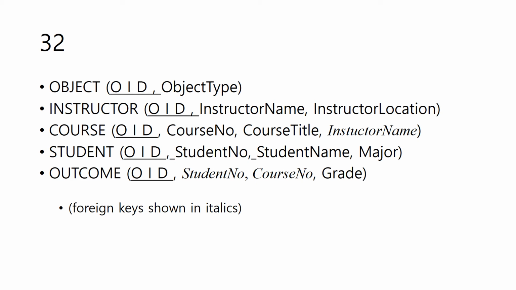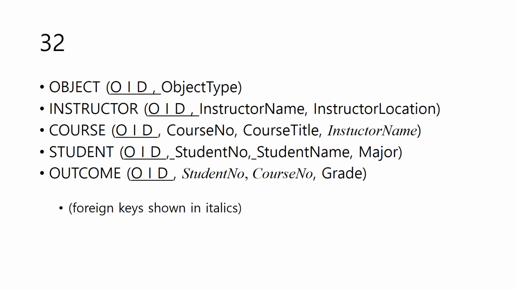So, there must be an object table, the primary key OID, which is the enterprise key, and then object type. An instructor table: OID, instructor name, instructor location. Course table: OID, course number, course title, instructor name. Instructor name is a foreign key.